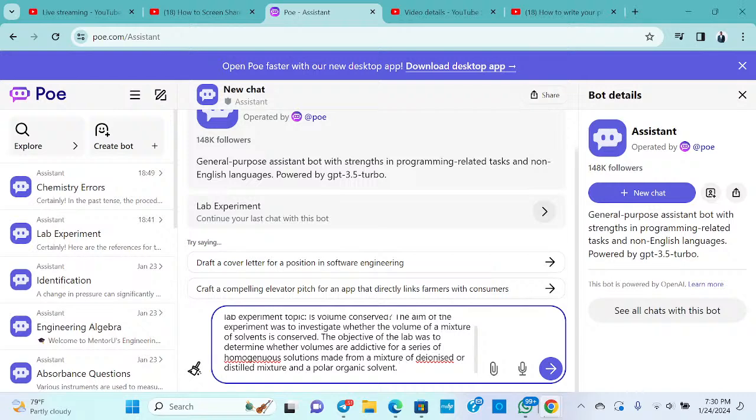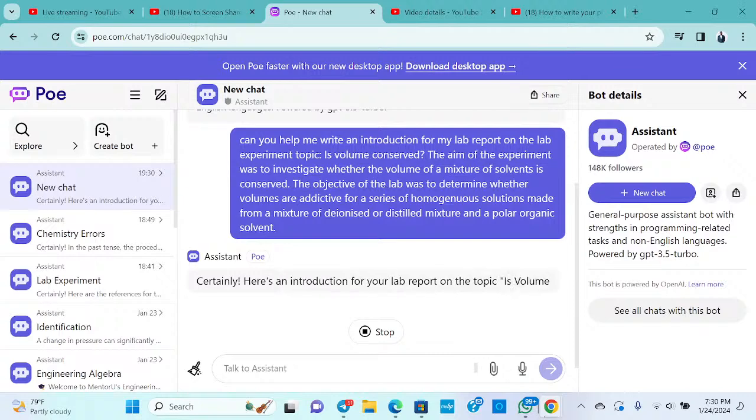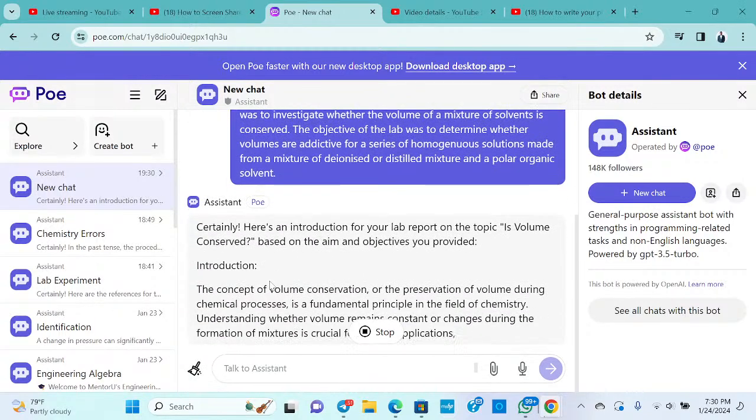Yes, so now I've given it enough information, so you can just press enter and then ChatGPT will give you an answer. So this is it.